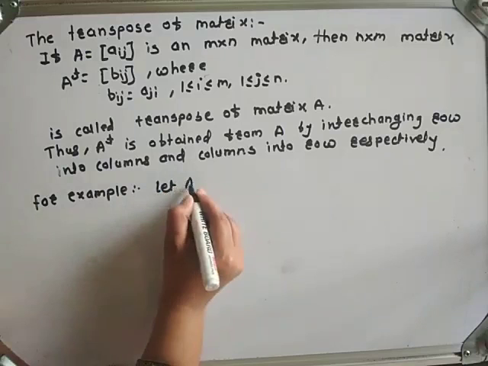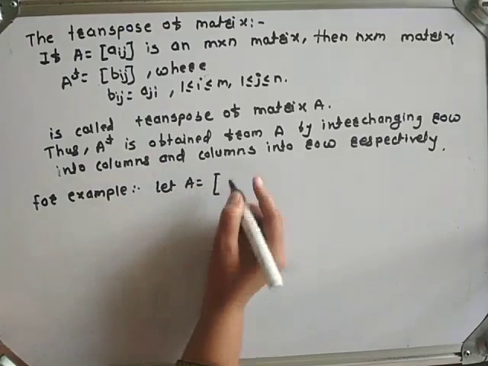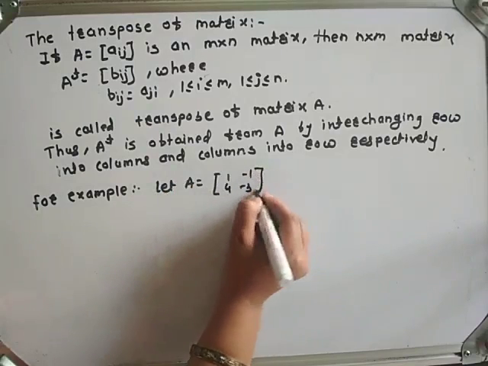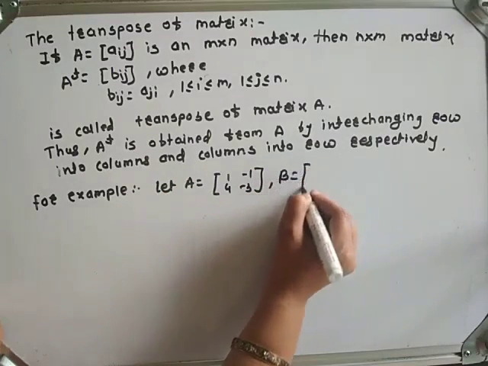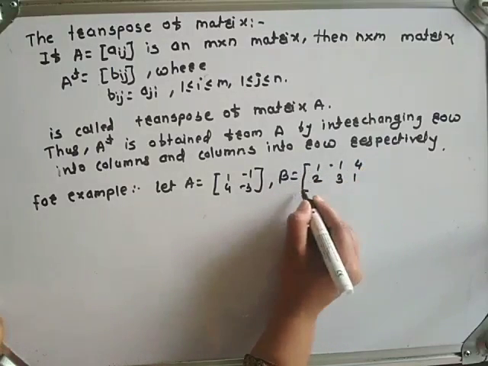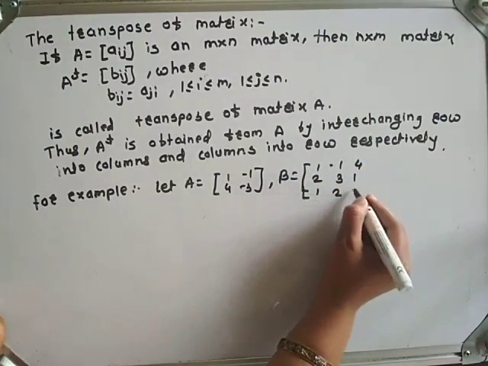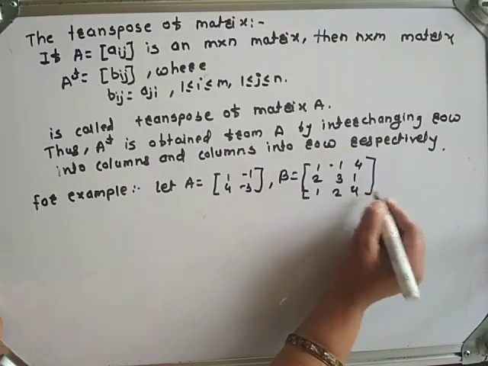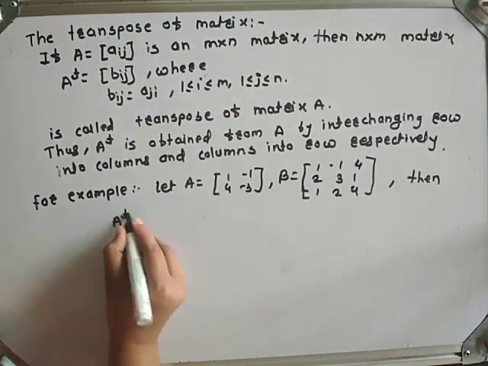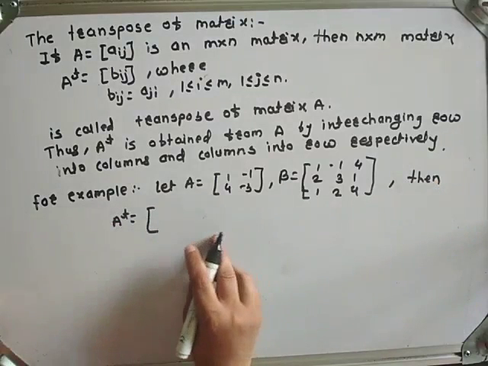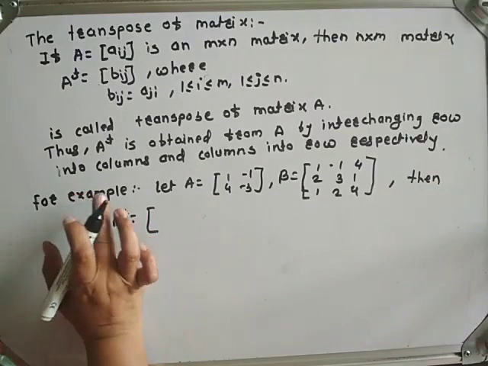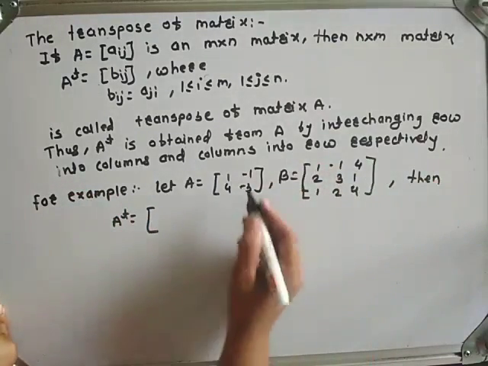let matrix A be 1 minus 1, 4 minus 3, and B be the matrix 1 minus 1, 4, 2, 3, 1, 1, 2, 4. Then for A transpose, we have to interchange rows into columns and columns into rows respectively.